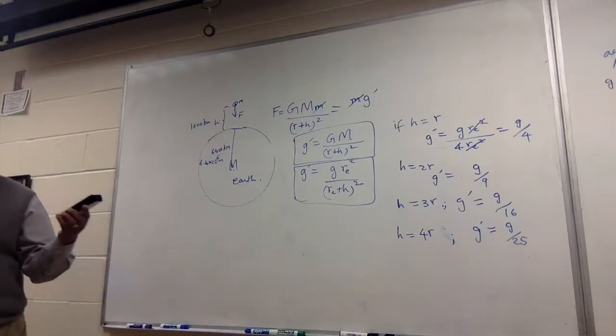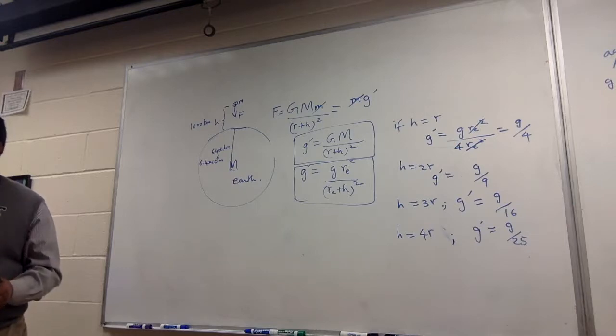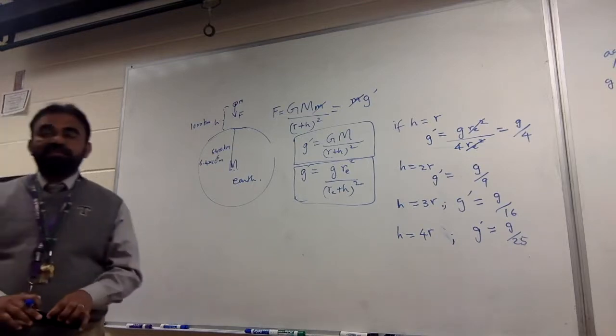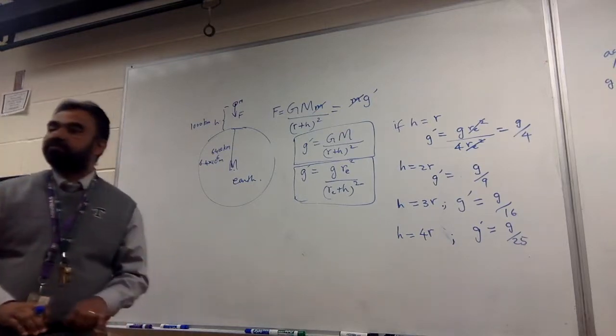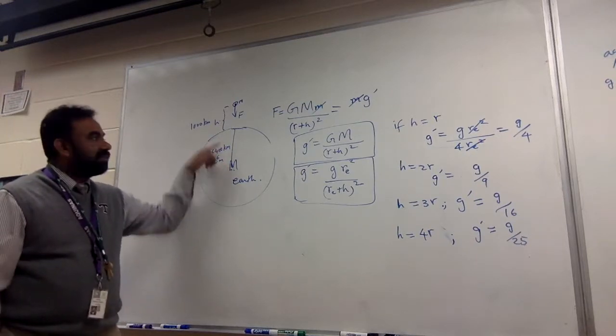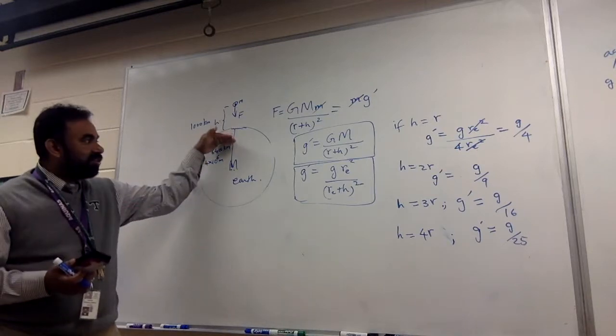Any questions on this? This is clearly telling you how the acceleration due to gravity value will change as you go to different heights. The maximum acceleration due to gravity is on the surface. Now if you go into the earth, the story is totally different, because then you're not using the entire Earth's mass. You're sitting on a smaller Earth.